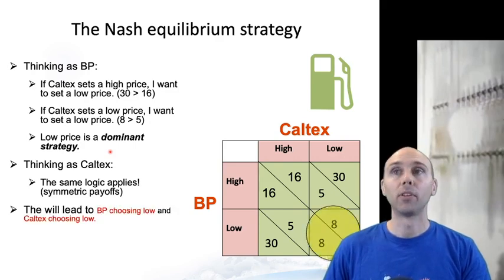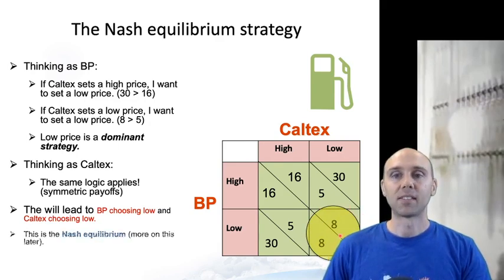This means that both of them will choose low, and the outcome we get is 8-8. This is known as the Nash equilibrium, and 8-8 is what we would expect and forecast to happen, even though it is strictly worse for both of them than if they could somehow cooperate and both set high prices.